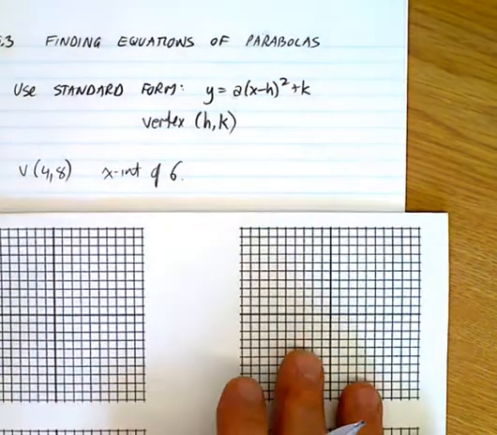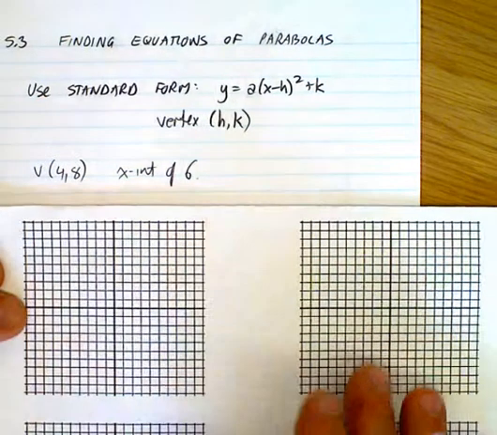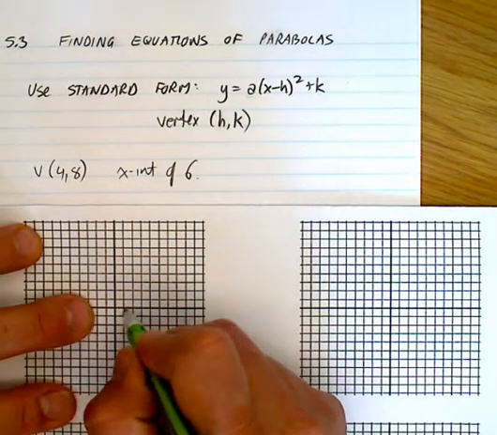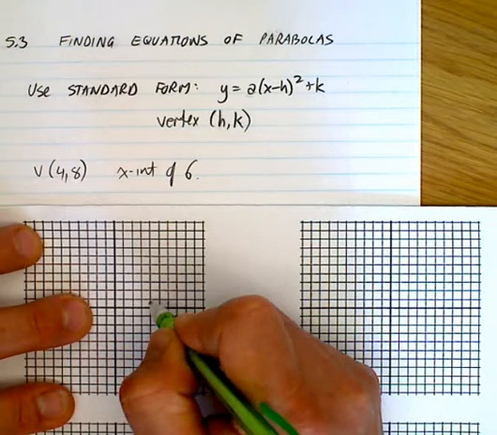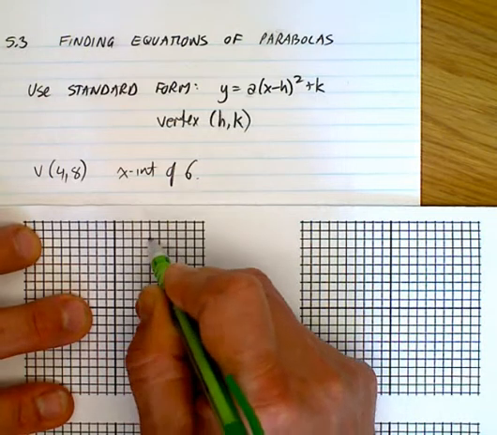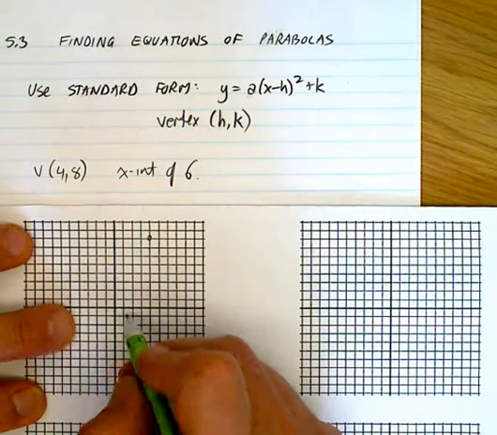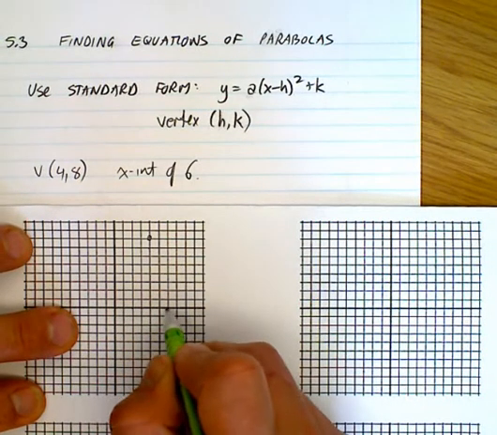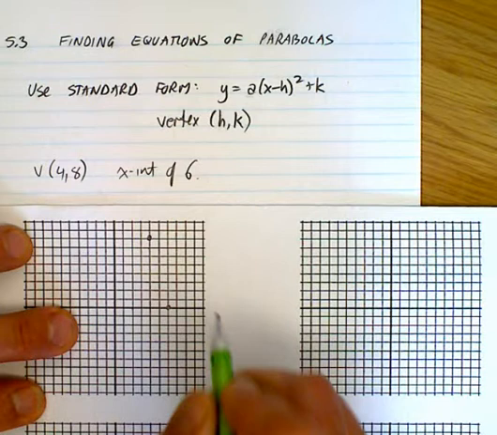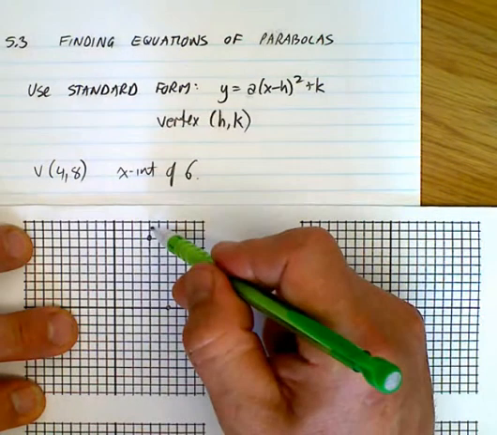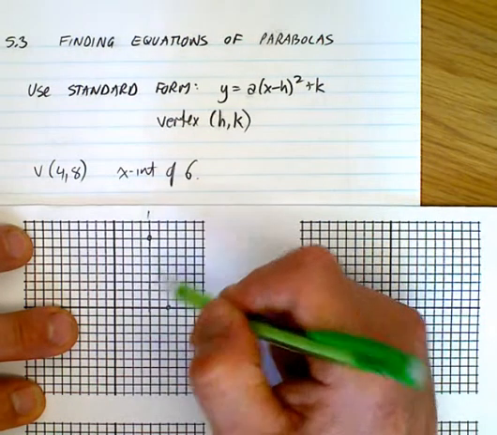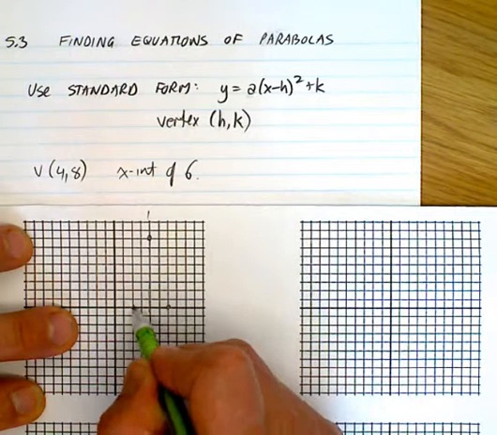So let's have a look here at the graph. If I go over 4, 1, 2, 3, 4, and up 8, 1, 2, 3, 4, 5, 6, 7, 8. Here is my vertex, right? X-intercept of 6. So 1, 2, 3, 4, 5, 6. There's an x-intercept of 6. Now you can see that it's symmetrical here a little bit, right? So over 2, back 2, there we go.